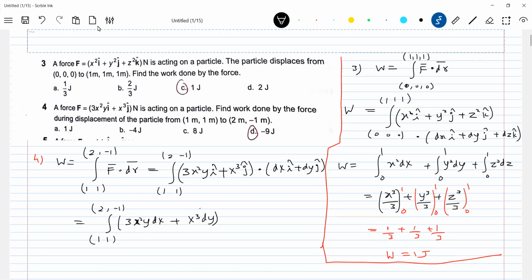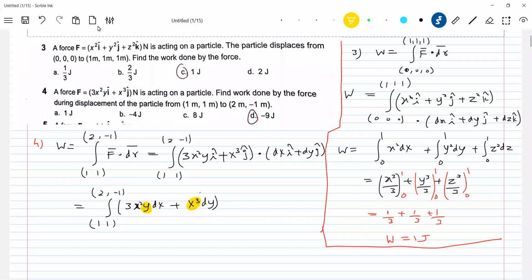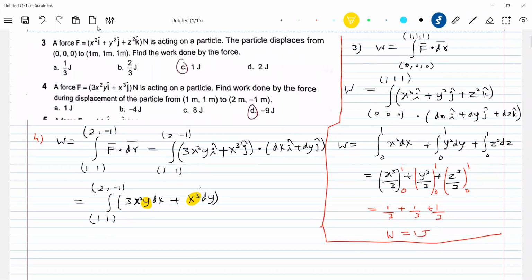Now it's a bit difficult, you can see here. Look at the way you integrate the terms 3x square y dx and x cube dy. How to overcome this particular situation? There are two alternatives. Let me put both.